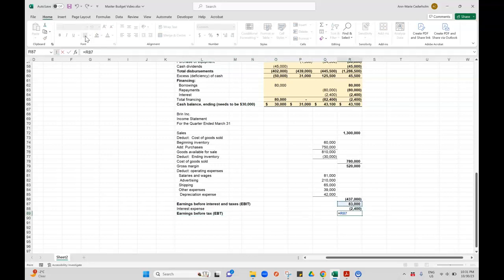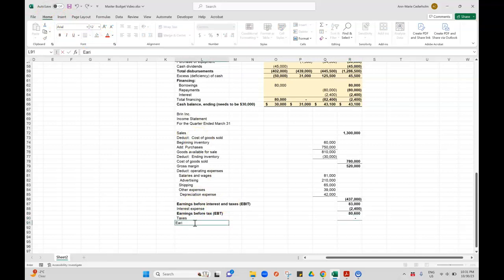So that's 83,000 minus 24, and then subtract out our taxes. But there's no taxes in this question. If there was, it would give us the tax rate, and then we would just multiply it by our EBT. So I'll just put 0, but I'm leaving that as a placeholder for when you do another income statement.